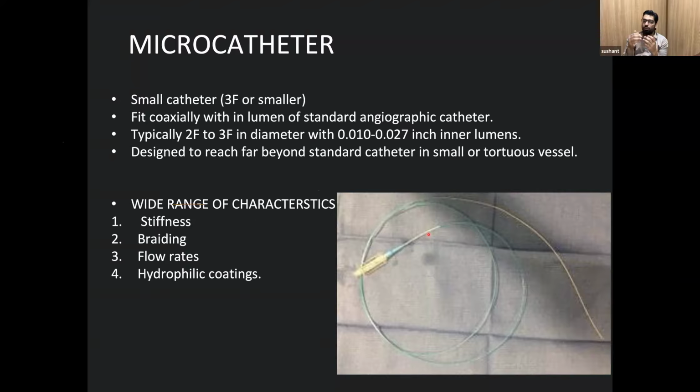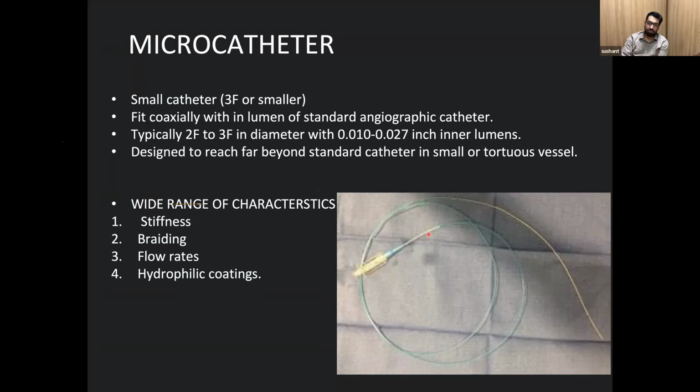As we go more and more distal, if we want to go to the jejunal artery and to the vasa recta, we will need very small catheters, like 1.7 French, or maybe even smaller catheters are available. So we need smaller catheters to reach for distal cannulation.